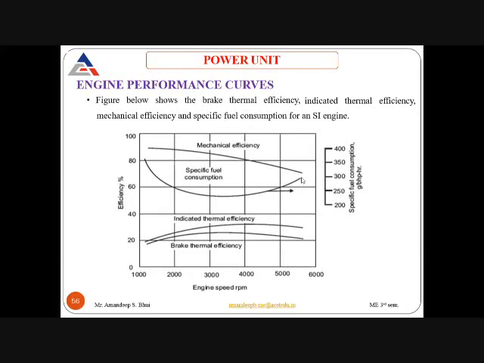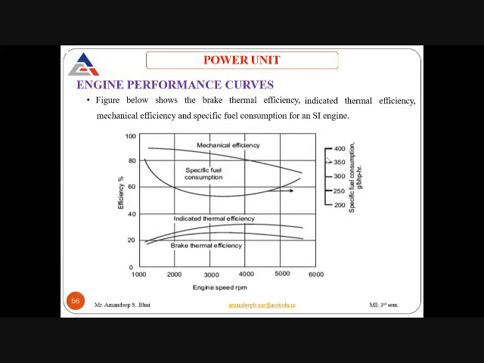Here on the right hand side you can see this graph, in grams per brake horsepower hour. At around 1000, 1100, 1200 RPM, you can see that specific fuel consumption is around 350. So it is more than 350.